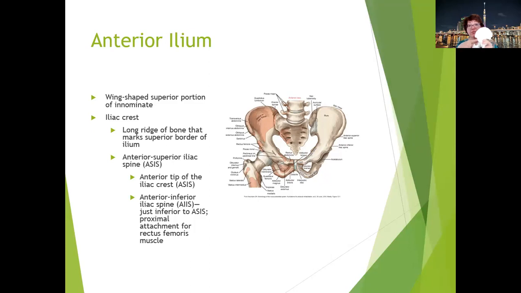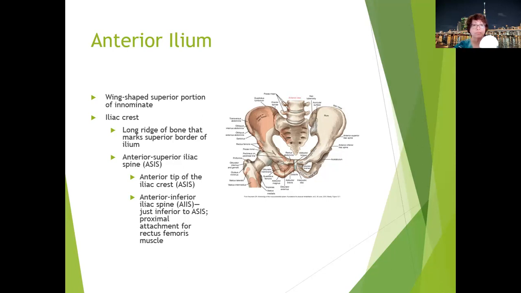It's a proximal attachment for the rectus femoris muscle, which is one of our major hip flexors. And the ASIS is very palpable. The AIIS, you can palpate it on most people, but it's more difficult because it's under a few muscle bellies. And so we often use the ASIS as a landmark for different measurements because it is more easily palpable on most people.